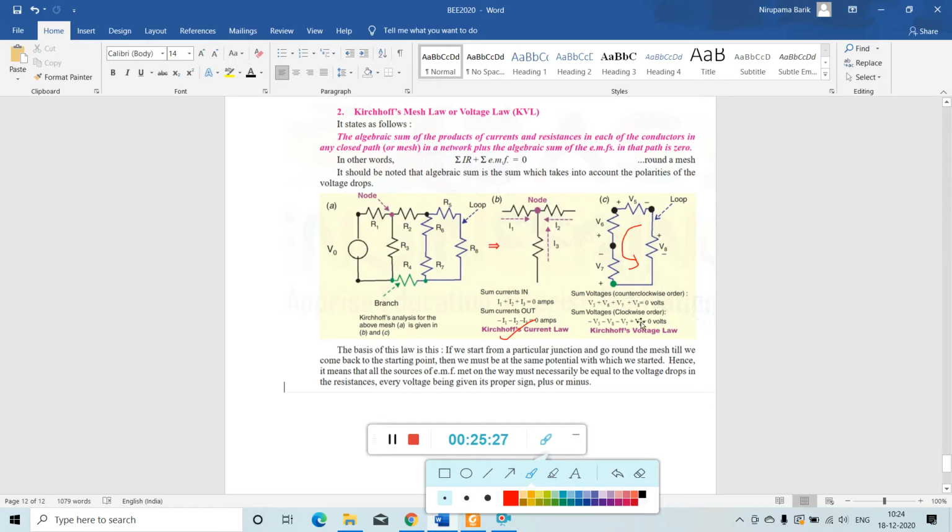Similarly, if we consider the clockwise direction, then the outgoing point is at negative for B5, B8, B7 and B6. So minus B5 minus B8 minus B7 minus B6 is equal to 0.